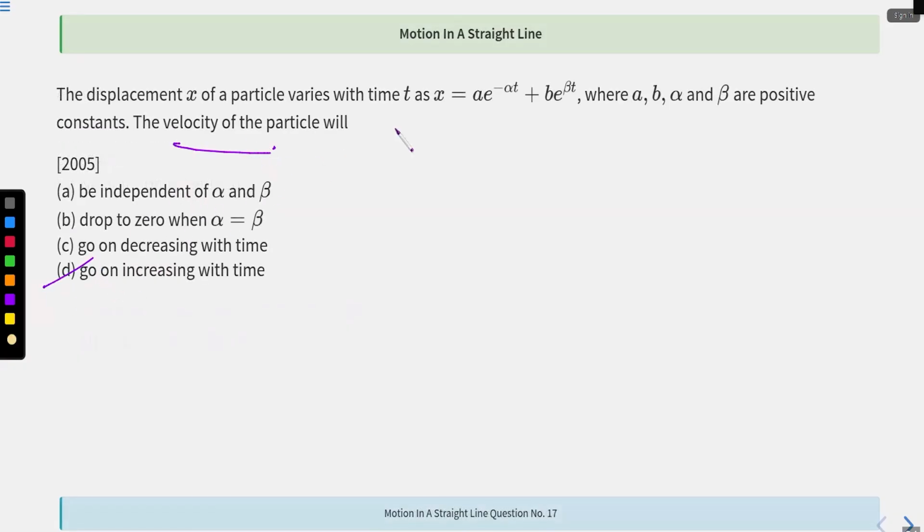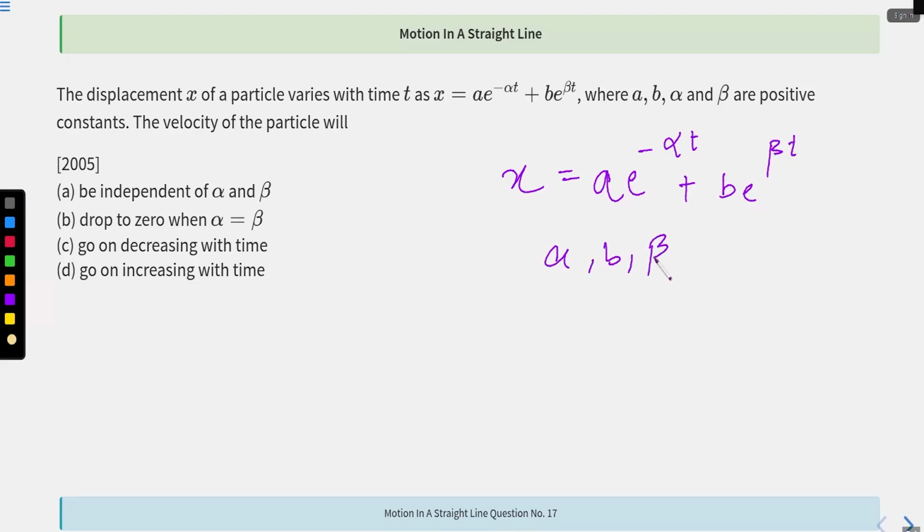They have given us x equals a e to the power minus alpha t plus b e to the power beta t.